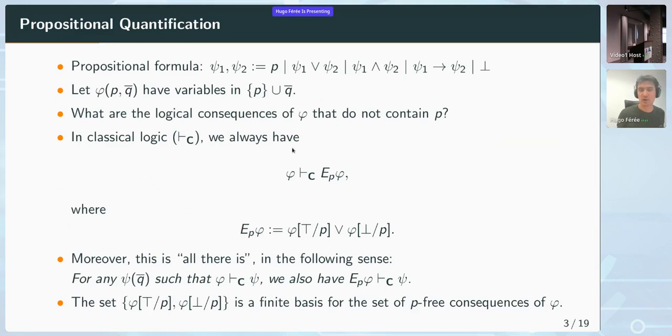In classical logic, there is such a formula EP phi, which is a consequence of phi, which you can define simply as the disjunction of phi where you replace p with top and phi where you replace p with bottom. Moreover, any consequence of phi which doesn't contain p is also a consequence of EP phi. So this formula is the least consequence of phi which doesn't contain p.